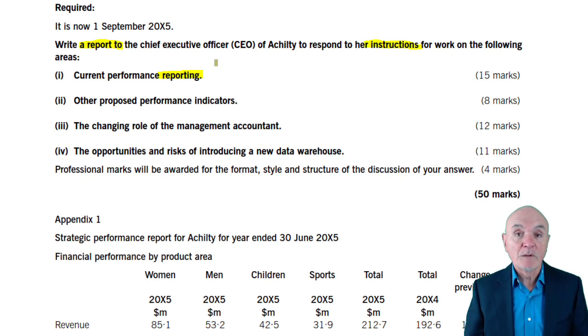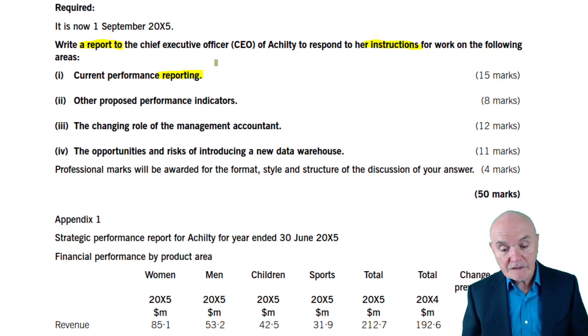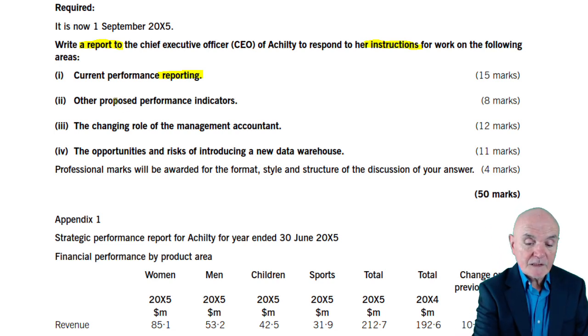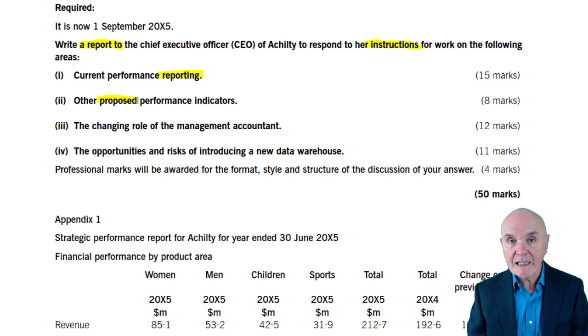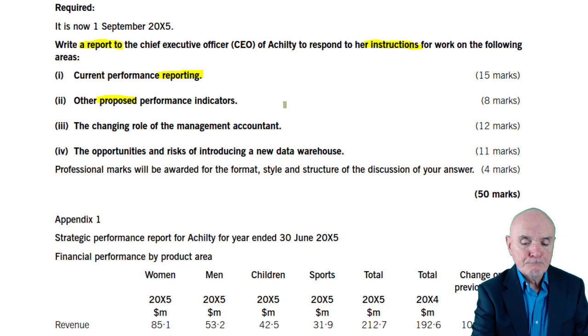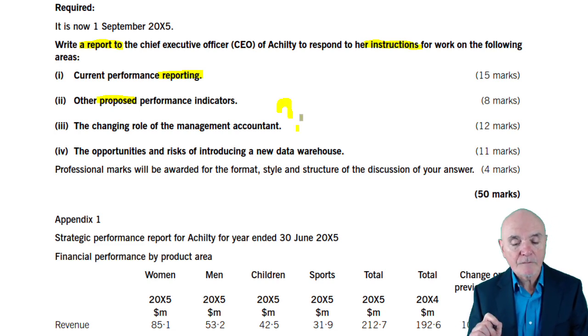Other proposed performance indicators. So again, it's giving us a clue maybe. These have been proposed somewhere, and maybe have to search for those. In other words, we're not making up our own alternative performance indicators. The changing role of the management accountant, that is perhaps a little bit of a question mark at the moment.